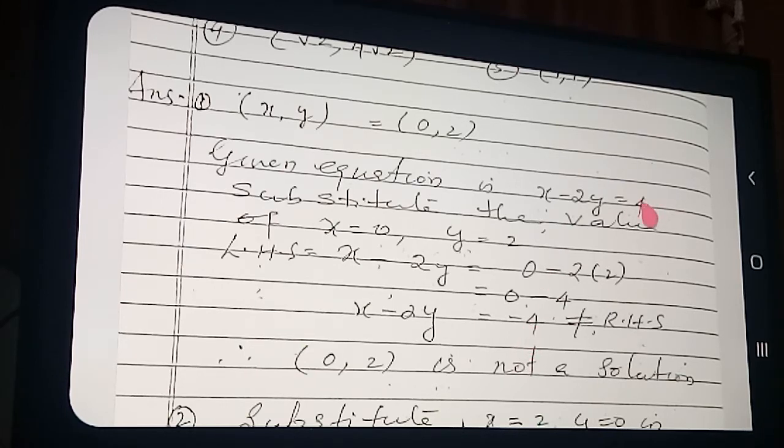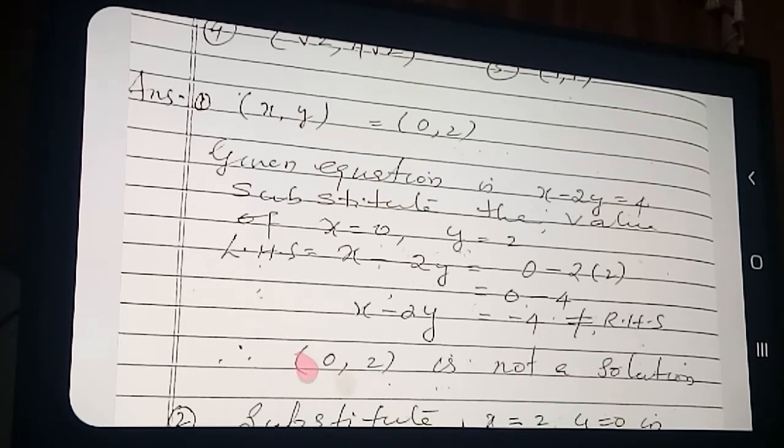Is this the RHS part? No. You got my LHS answer, minus 4. But what is RHS answer? Plus 4. Minus 4 and plus 4 are equal? No. Therefore, what I written here? Minus 4 you got, but it is not equal to RHS. Got clear? Therefore, (0, 2) is not a solution.